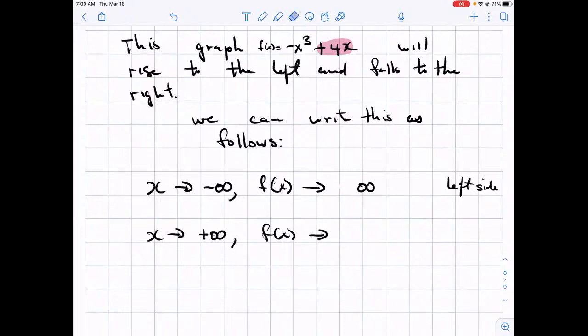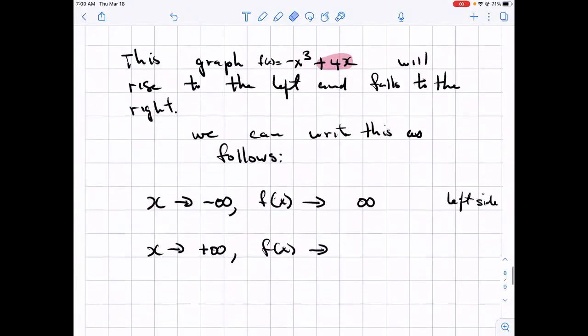Why did I say that? We did say that the graph will rise to the left, right? If it's rising to the left, it goes to infinity. And on the right side, it falls, so this goes to minus infinity.